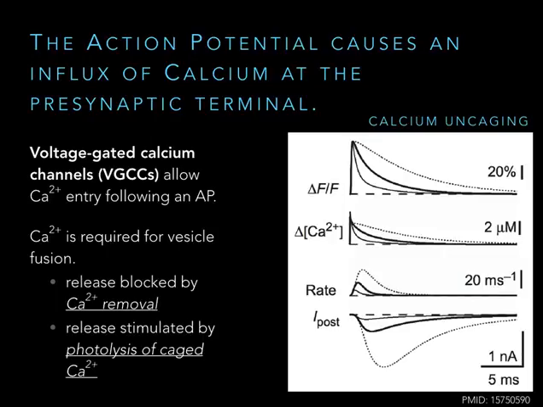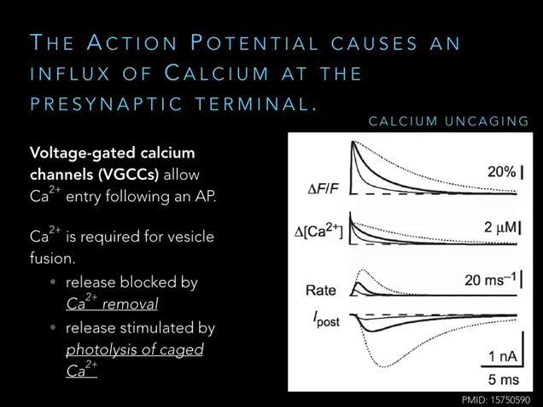Delta F over F is just telling you the change in fluorescence, so the change in light, if you will. There's the thin solid line, there's the thick solid line, and there's the dotted line. By shining with different powers of laser, you can generate brighter light, and that's going to translate to more intracellular calcium.